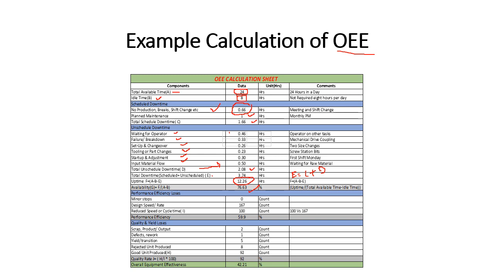Now we will calculate the performance loss. We may consider that there are no minor stops. Design speed is 167 and reduced speed is 100.